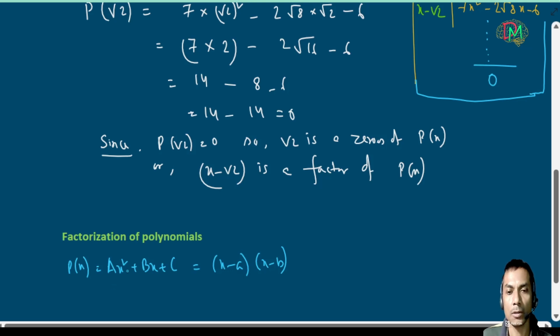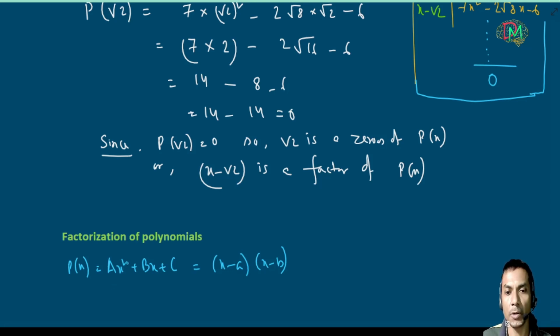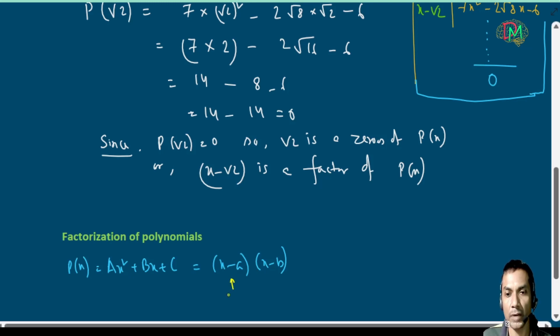Since the degree of the polynomial is 2, the maximum number of factors could be 2. It could be less, but the maximum is equal to the degree. Here the degree is 2, so 2 factors would be maximum. Clear? These are the factors.